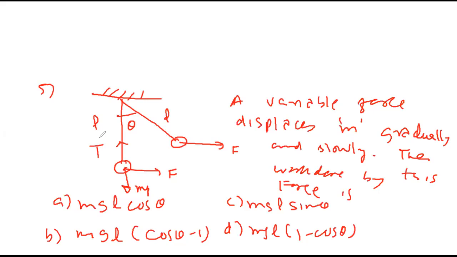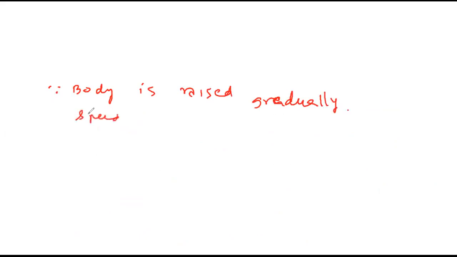Done, sir. Okay. So we want total W by all these forces, work done by all these forces. Three forces are there. Since body is raised gradually, gradually means speed does not change, it is maintained constant, that is what we call gradually changed.